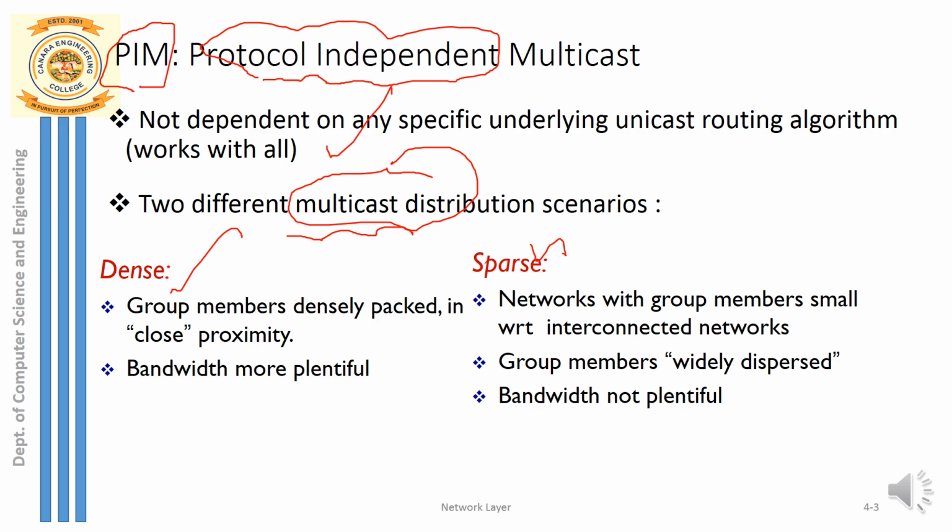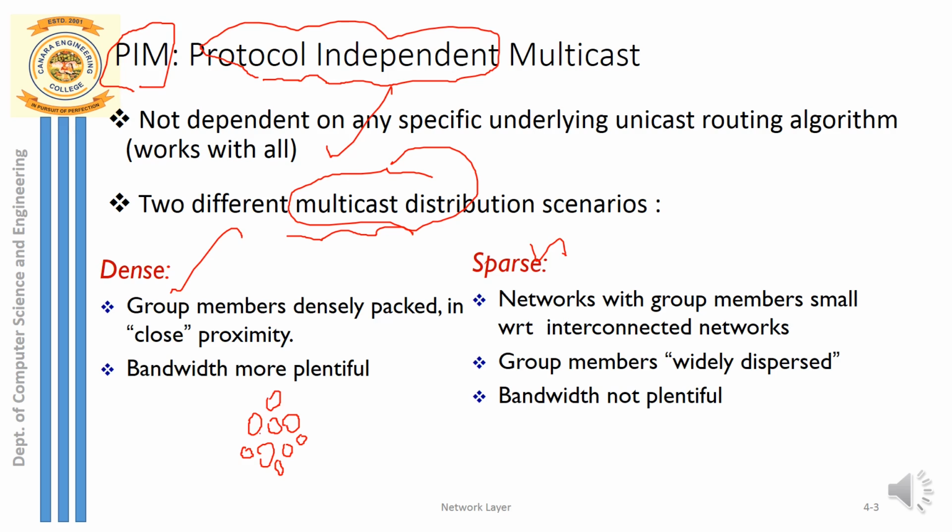So what is this dense multicast distribution? The name itself says dense: there is a huge collection of multicast routers, and they are all tightly packed within each other, too many multicast routers together. So you call this very dense, densely packed in close proximity.